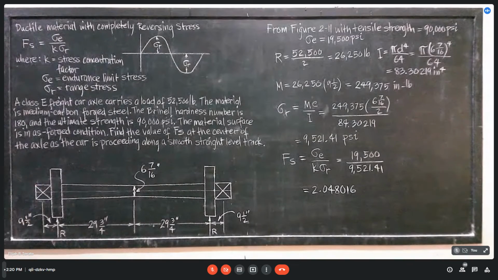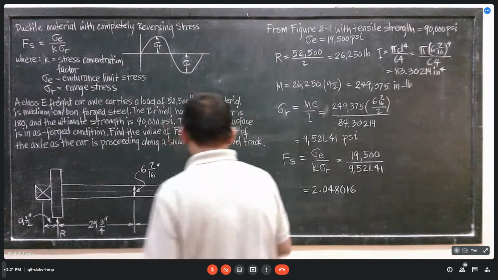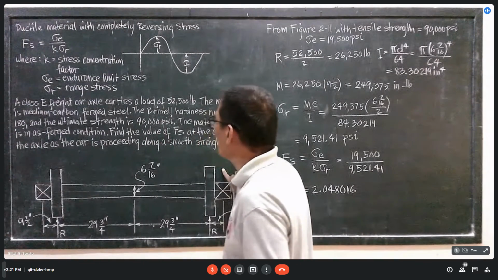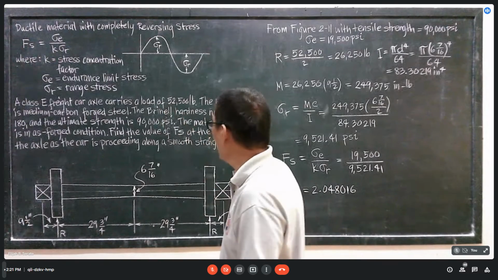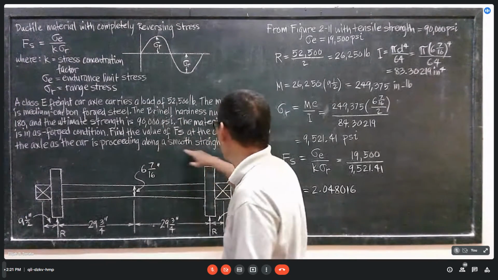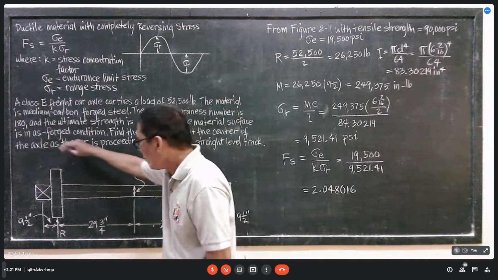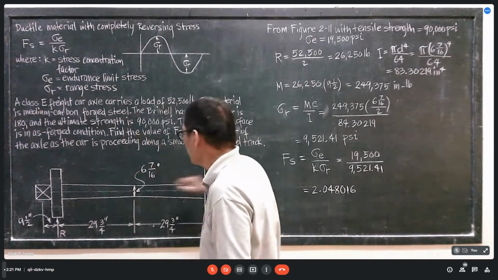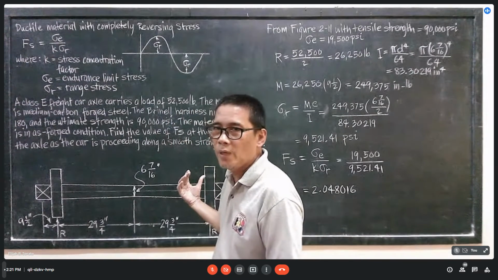Okay, so the forces here and the forces here, the total is 52,500. Now, since it is proceeding along a smooth straight level, then your stress distribution from here to here is symmetrical.